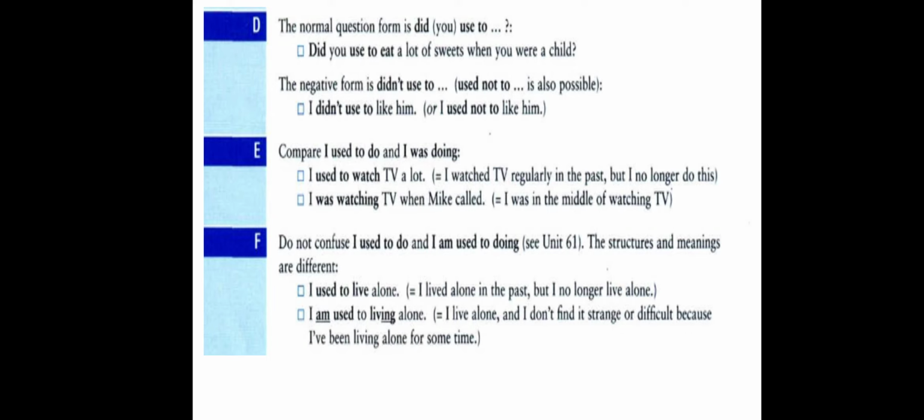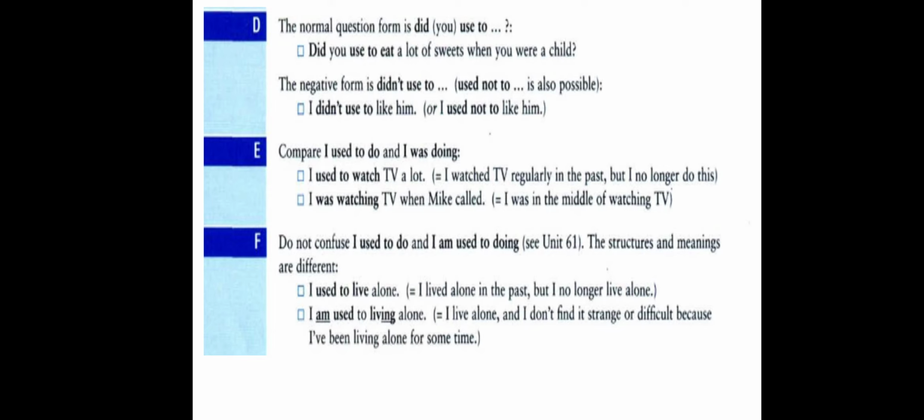F, the last in this unit, don't confuse I used to do and I am used to doing. If you look at both forms here, you will find "used to" plus base form as the part which we have studied previously in this unit.